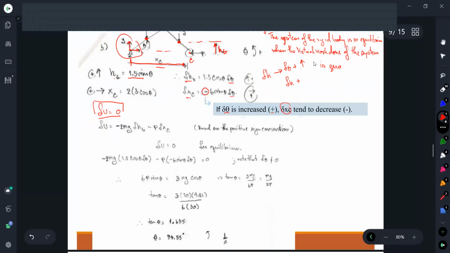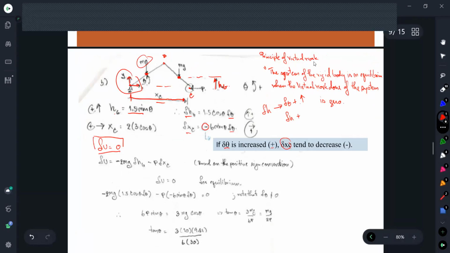Okay, the virtual work done variation U is composed of two terms of force. That is, we have the gravity force mg, and the work done from mg is negative because we set upward as positive, right? So mg is opposite to the variation of HG, which we set as positive going up. So the work done should be negative.